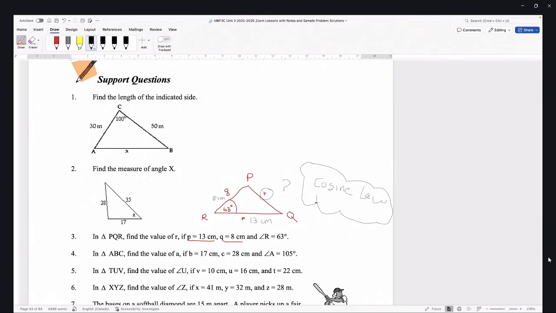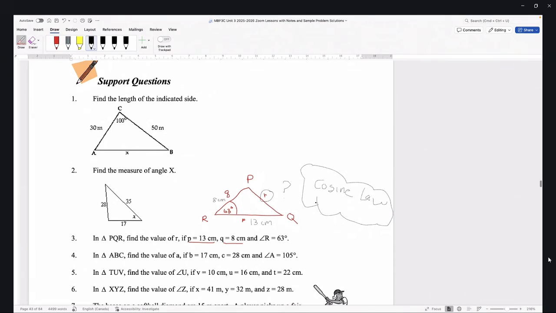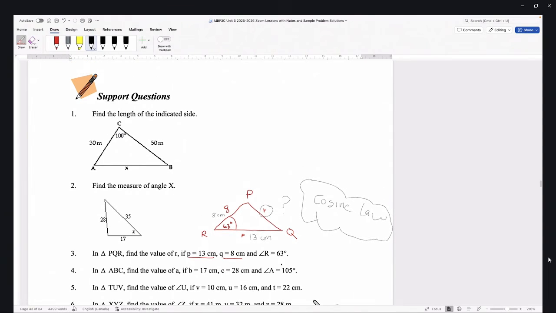Now that you know what you have to do, you have to use the cosine law. So now it's simply a matter of writing down the correct formula. I can do that for you for this one. Come back up here in red.